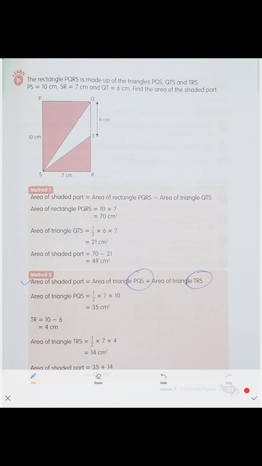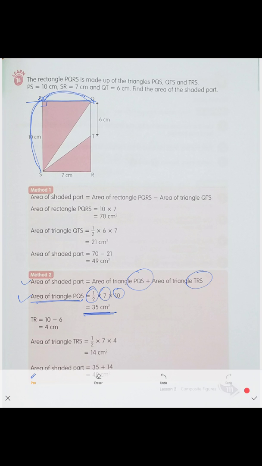So let's check the first one, the area of triangle PQS. This is the base, and this is the height, here is the perpendicular line. You multiply by half, so half of 7 times 10, and you get 35 square centimeters.